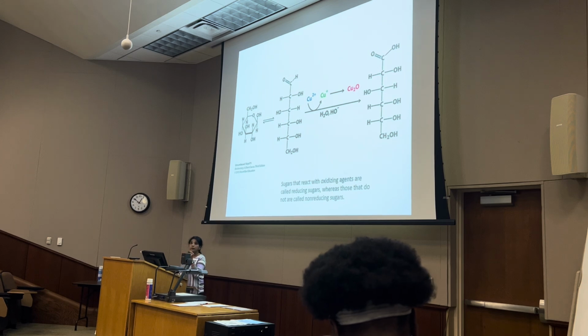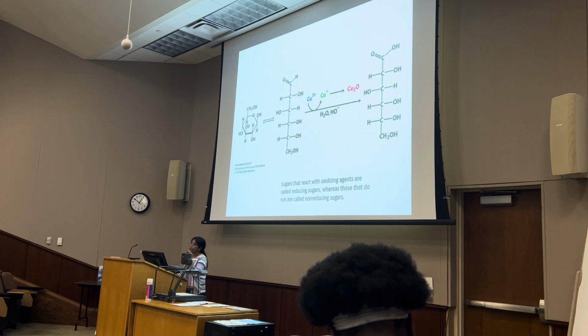This is a lab part, which is nice to have because this is something that you're going to do with the carbohydrates. You take different sugars and you see if they're reducing sugars. Those sugars that react with this oxidizing agent, copper, and get it reduced, that particular sugar is called a reducing sugar.